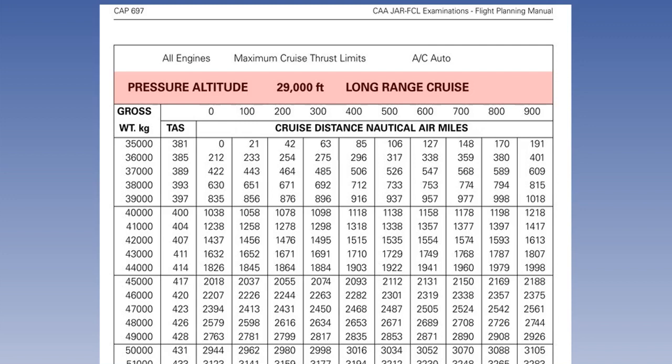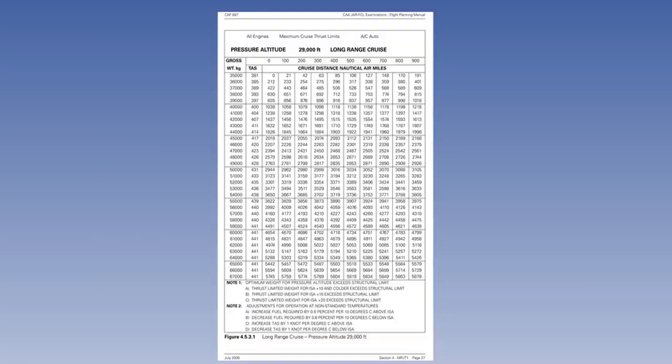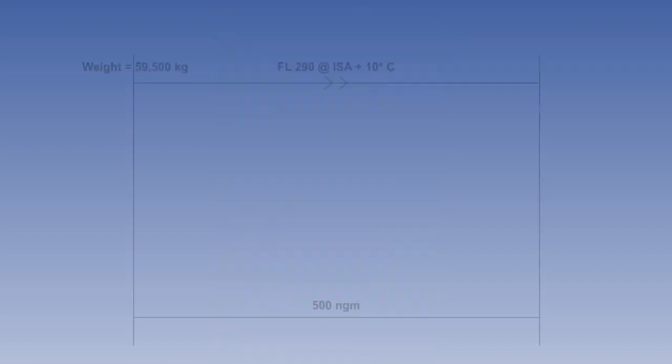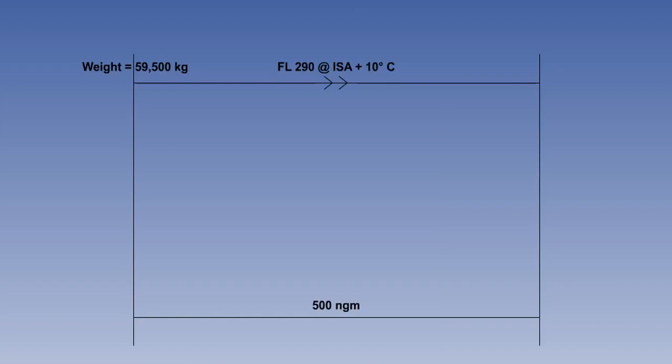Now find the relevant table for long-range cruise at flight level 290. You should have found that the cruise conditions we are using are shown on Figure 4531 on page 27. Our flight has a first sector of 500 nautical ground miles with a 50-knot headwind.